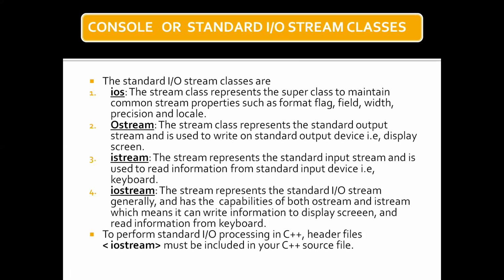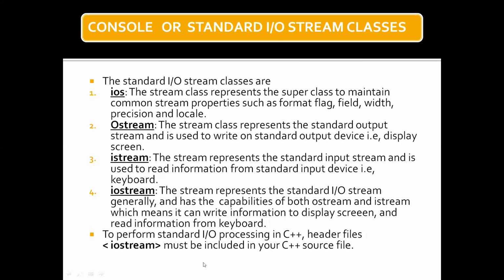For that purpose we'll be using iostream.h as the header file. This includes the writing and this includes the reading. So this is a combination of write and read, which means it can write information to the display screen and read information from a keyboard.